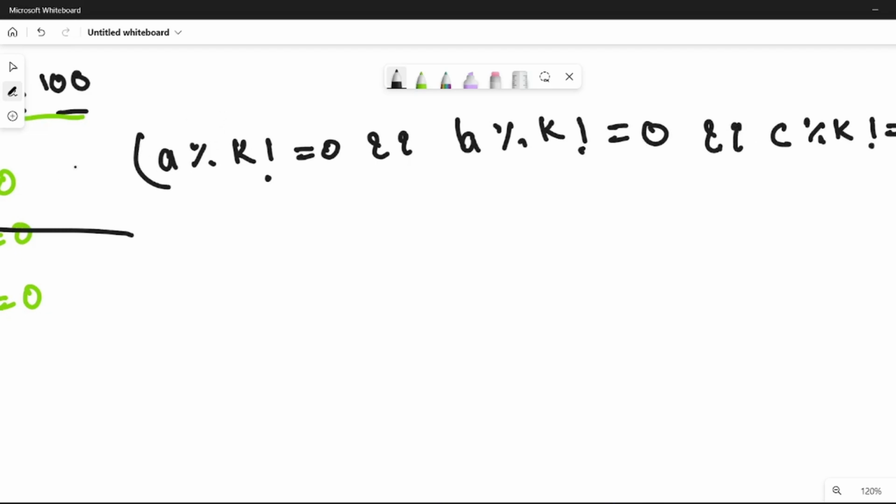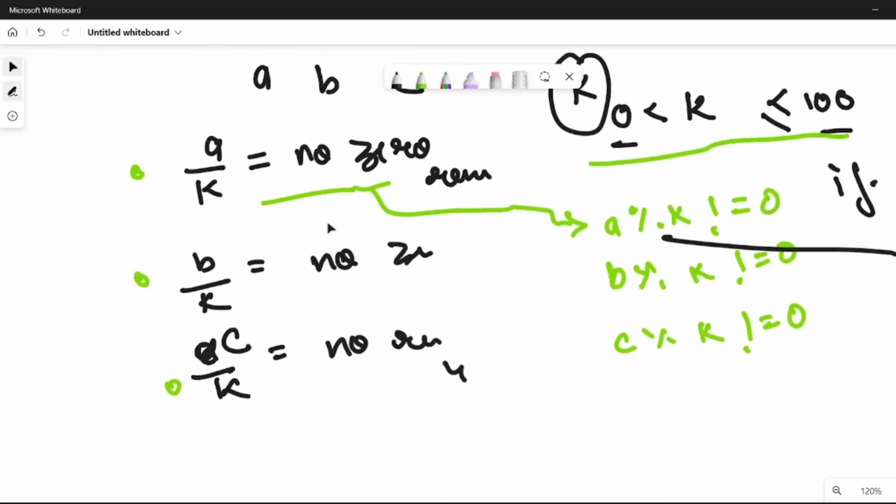So this is our if statement. What we did was read the question, understand the conditions that were given, and make an if statement: non-zero remainder, non-zero remainder, and non-zero remainder.